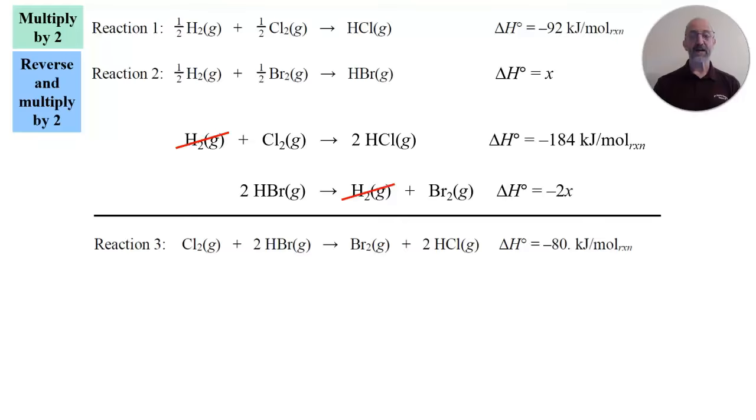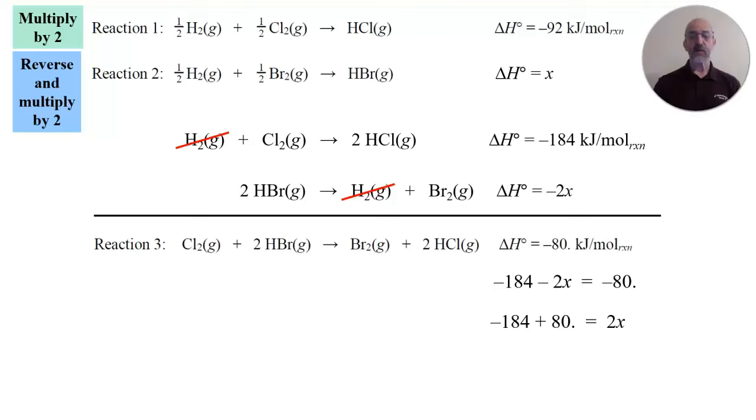Now, when I add equations 1 and 2 that have been modified together, that would be negative 184 plus negative 2x, and that would equal negative 80. So now I just have to do a little algebra to solve for x. So negative 184 plus 80 equals 2x.